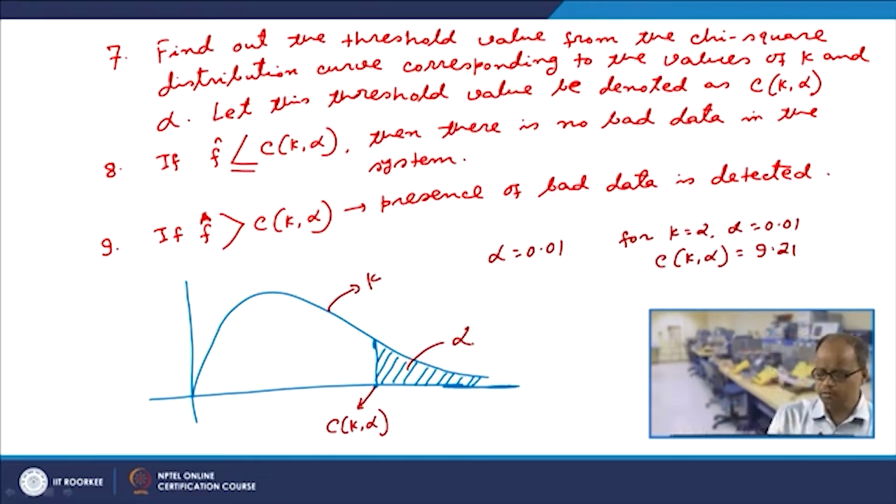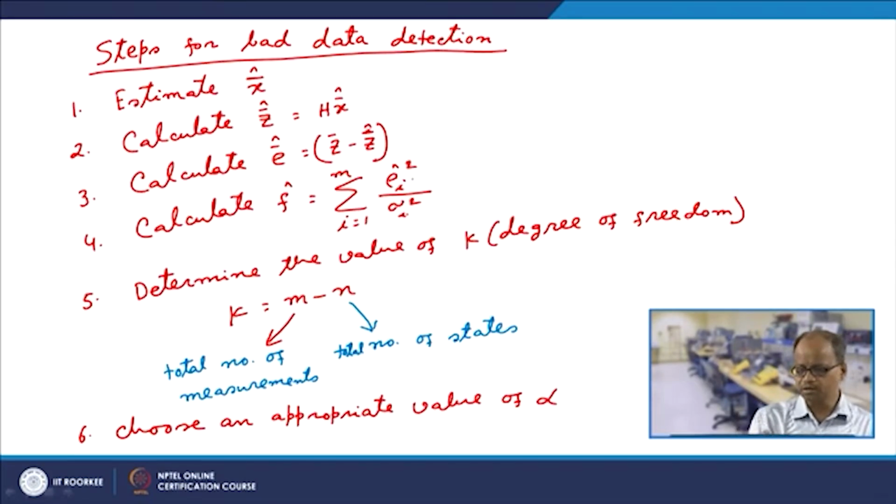Now, we need to understand on what occasion this value of f hat will keep on increasing. Please note that f hat is nothing but this quantity. So, this value of f hat will only increase if the value of E i hat increases. After all, sigma i square is constant. So, f i hat only increases if the value of E i hat increases.